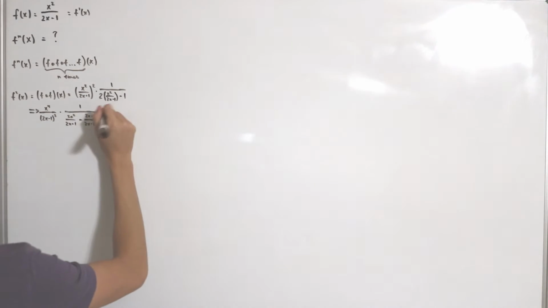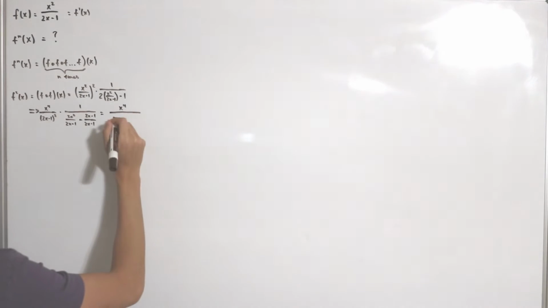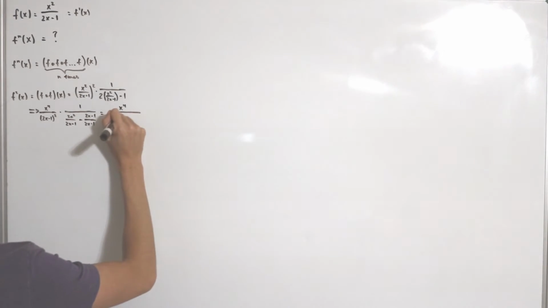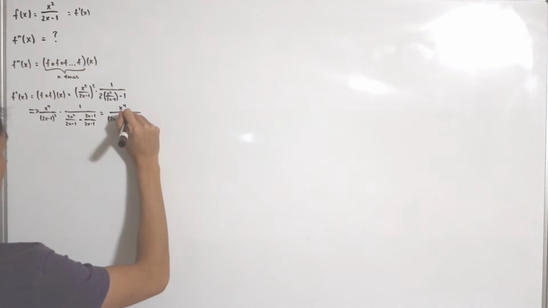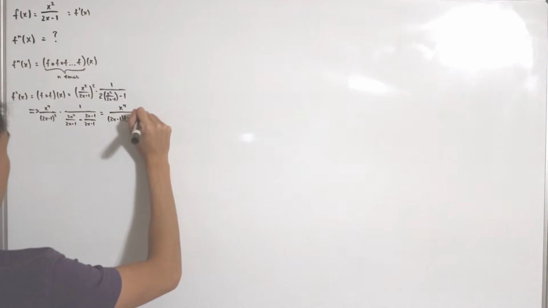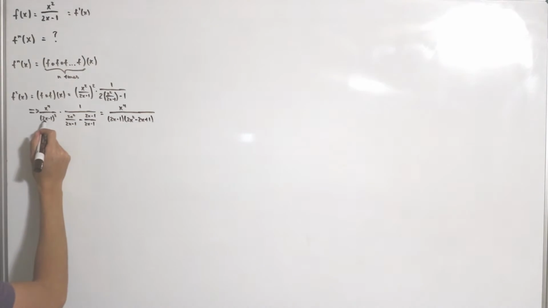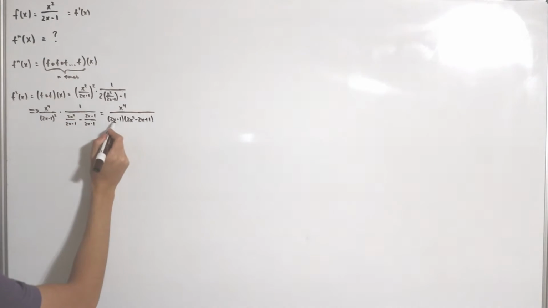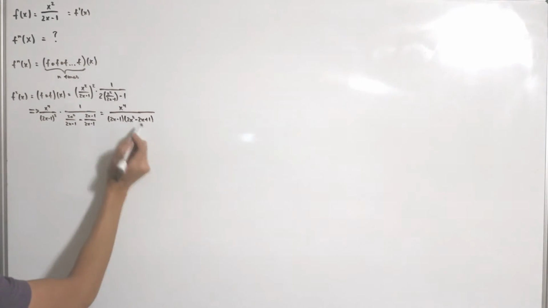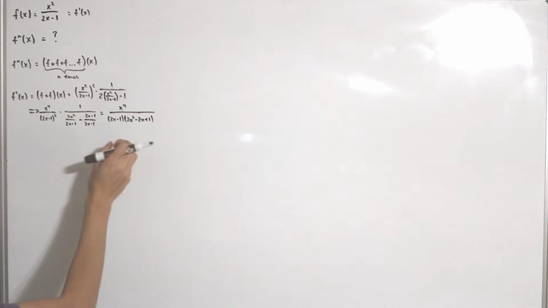Simplifying this entire thing out, we get 2x minus 1, then multiplied by 2x squared minus 2x, and then plus 1. Notice that one of the quantities of 2x minus 1 cancels the denominator, so we're just left with one 2x minus 1 quantity, and then multiplied by the rest here. So far that's our f2 of x.